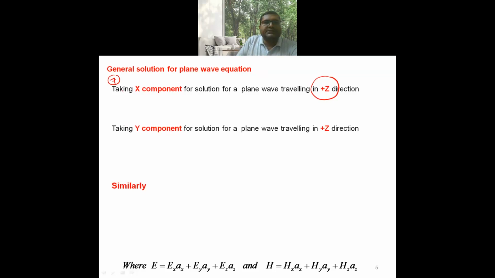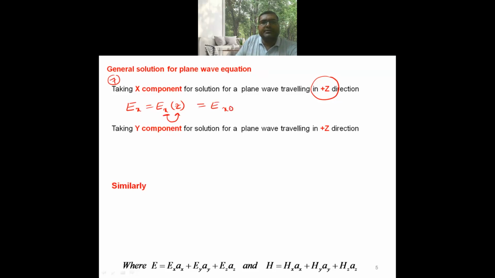The general solution of equation number 7 can be written as Ex is equal to Ex of z. Ex of z means electromagnetic wave x polarized traveling in z direction.